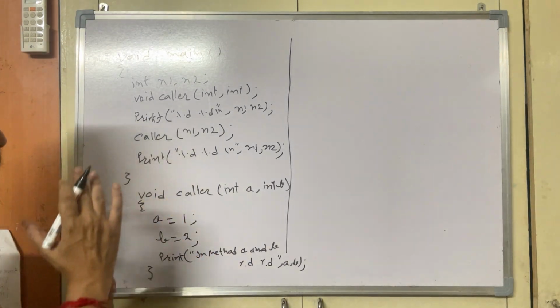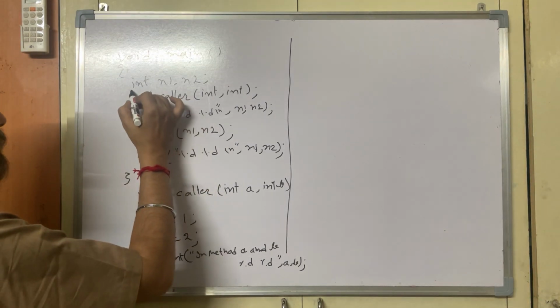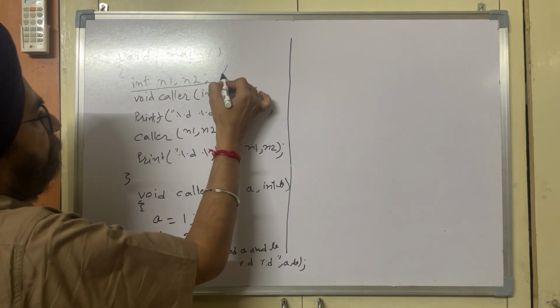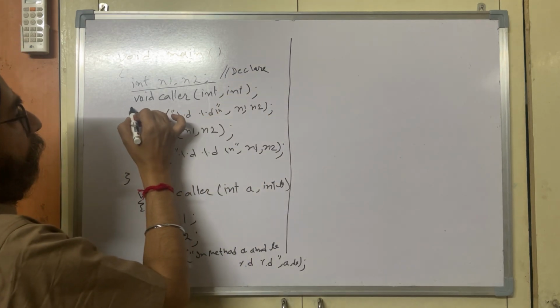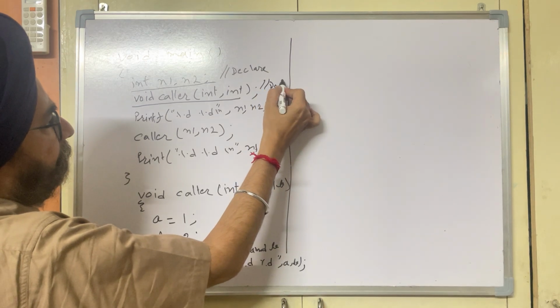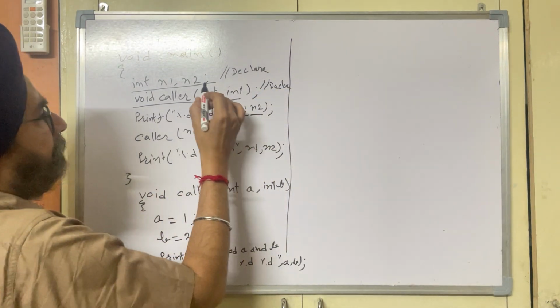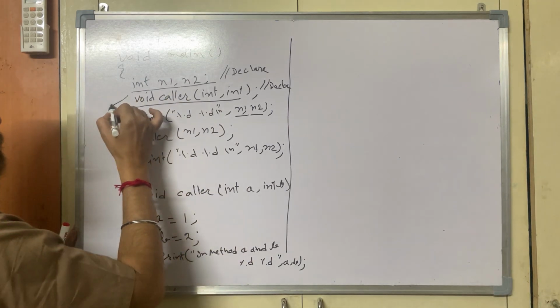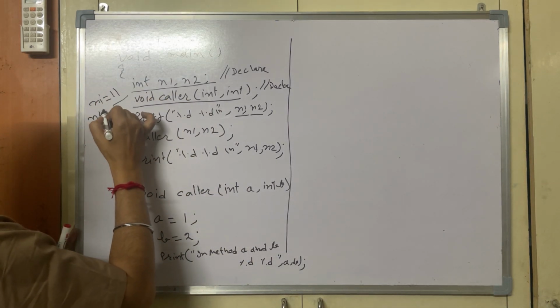Now in this program, what I am doing is making the declaration of variables, and also the method calling declaration as part of the method. I am printing here, suppose n1 equals 11 and n2 equals 22.